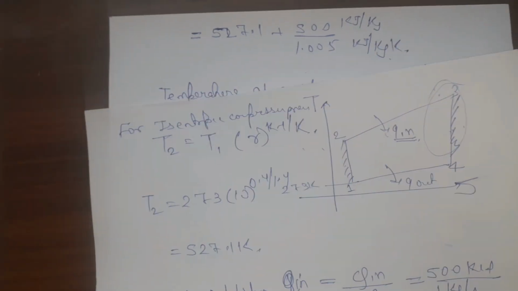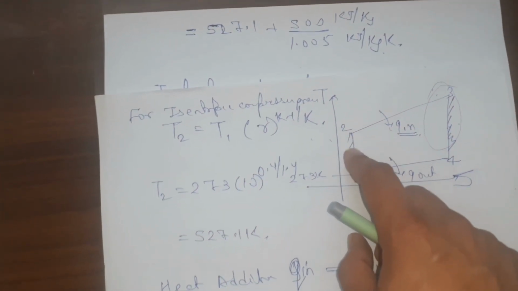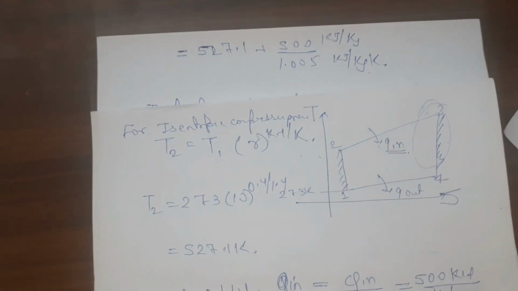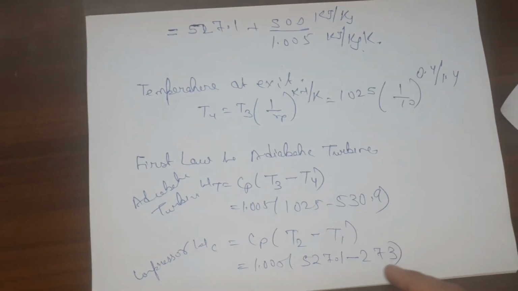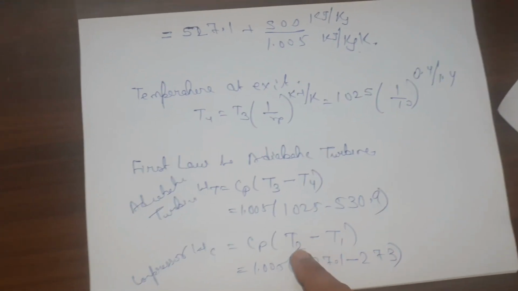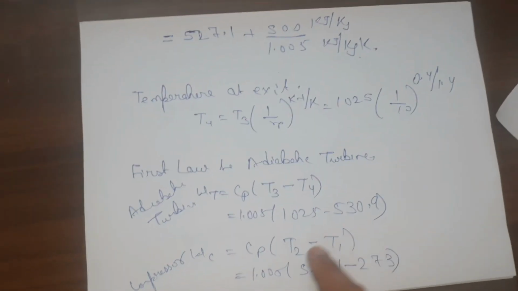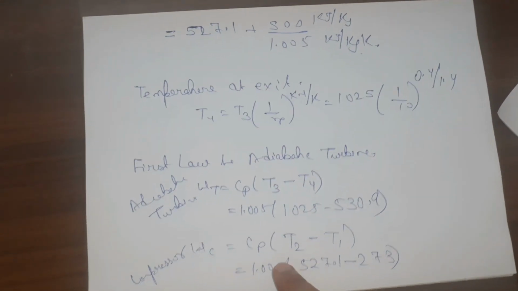This is an adiabatic process 3 to 4 and also 2 to 1. This is a compressor with an adiabatic process, and for it the work done is Cp into (T2 minus T1). T1 value was initially given, T2 value we calculated, and Cp value was also given, 1.005.